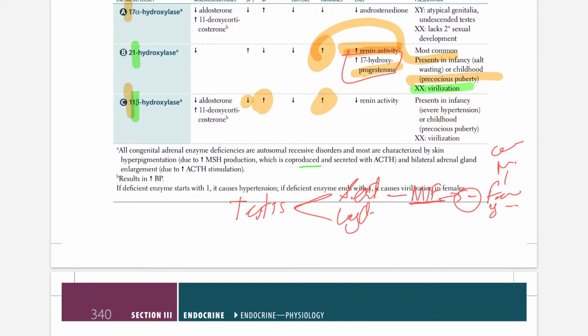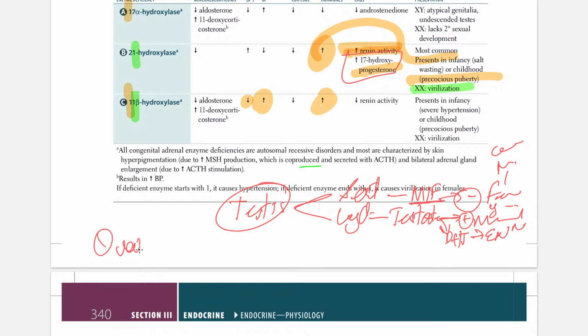Leydig cells, on the other hand, release testosterone. That testosterone is going to stimulate internal male genitalia, and when converted into DHT, will form external male genitalia. Okay, and this is all about testes.